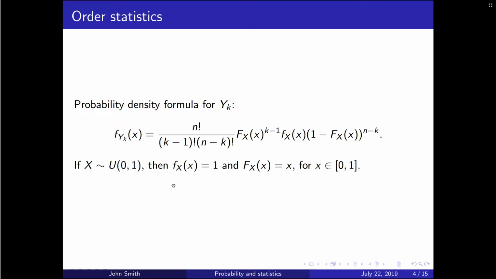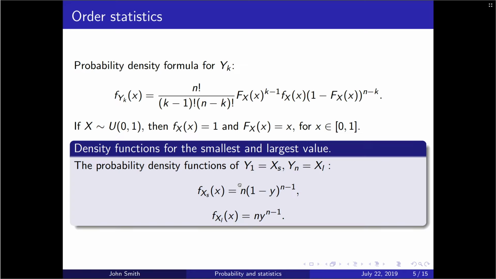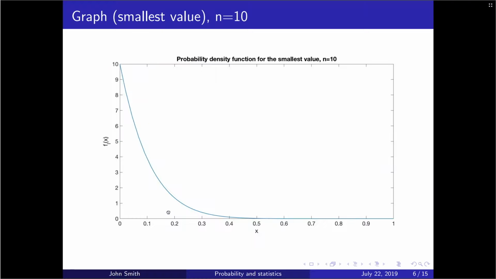Remember, all of the samples are drawn uniformly from 0 to 1, and here we have the density and the cumulative function. The formula is general, but we are interested in two cases, the smallest value, y sub 1, and the largest value, y sub n. And the corresponding probability density functions are given here. Remember, we denoted the smallest value x sub s, and the largest value x sub l.